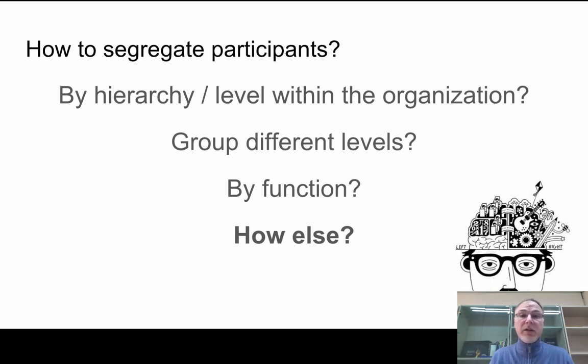There might be a business unit grouping, where everybody who works in the manufacturing plant for one type of product is grouped together, and everybody who works in a different manufacturing plant for a different product works in a different set of trainings. So there are many ways to decide what are the right groups of participants, but you have to also ask yourself, how do you separate them from one another, and is it even important that you do so?